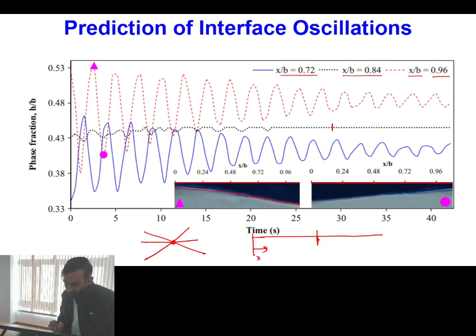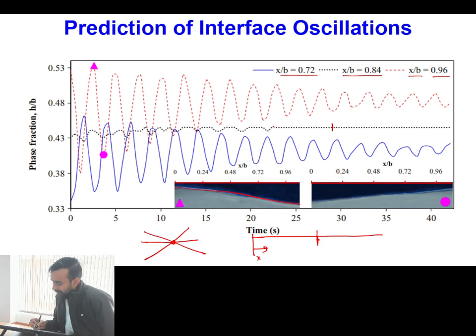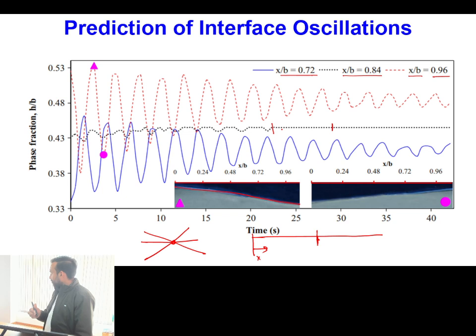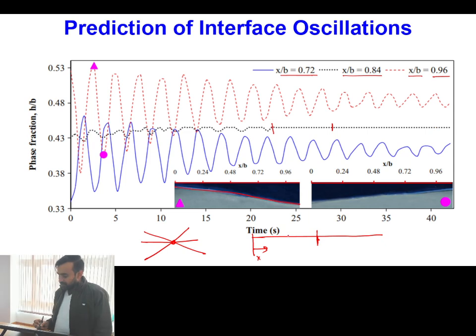These initial interface oscillations are captured well, and after a certain amount of time the initial disturbances have died down, and the interface is oscillating about a fixed pivot point. So x/b equal to 0.84 is my pivot point. Now 0.72 is on the left side of 0.84 and 0.96 is on the right side of 0.84.